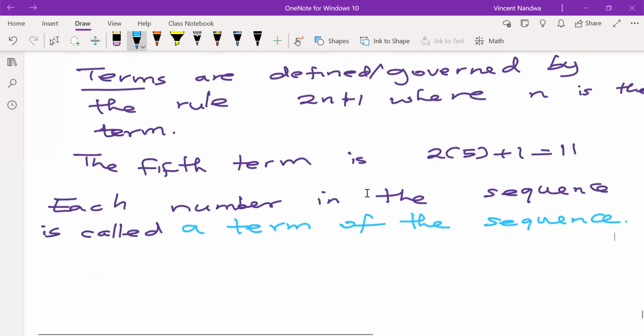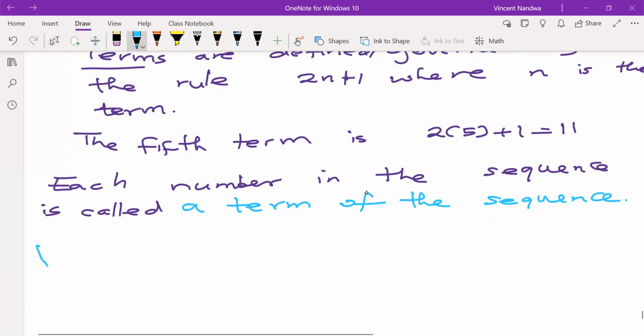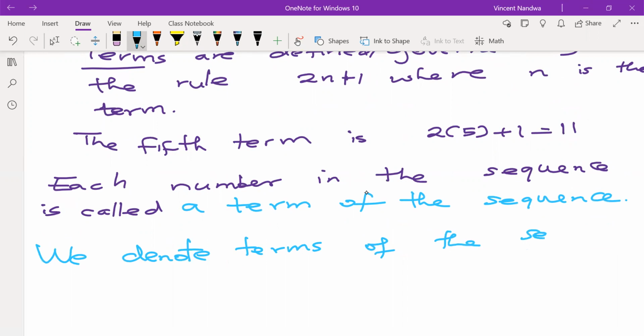And the terms are usually denoted by T1, T2, T3, Tn.